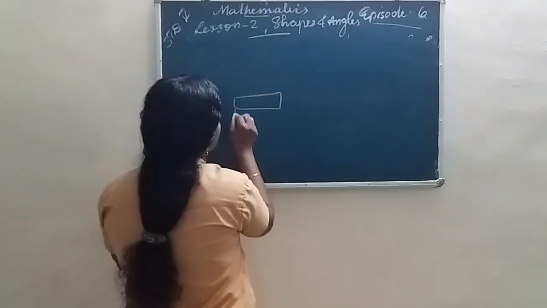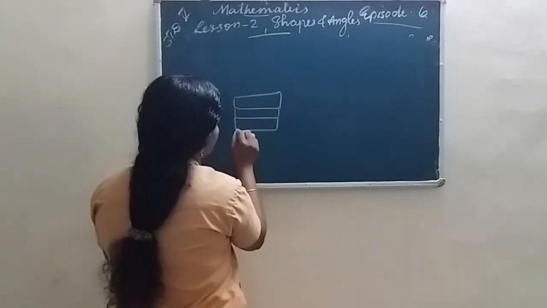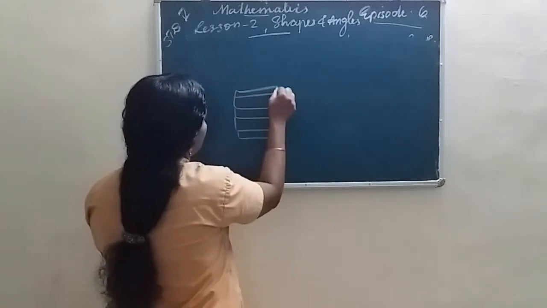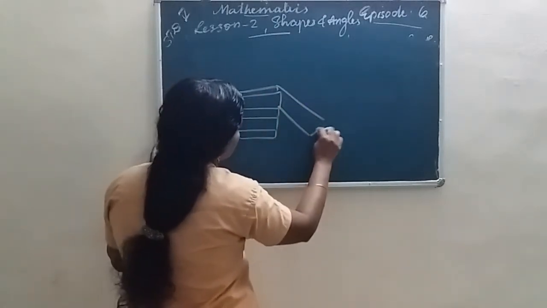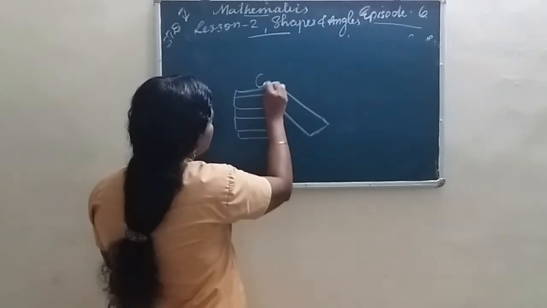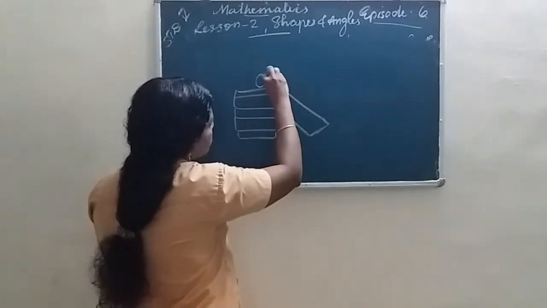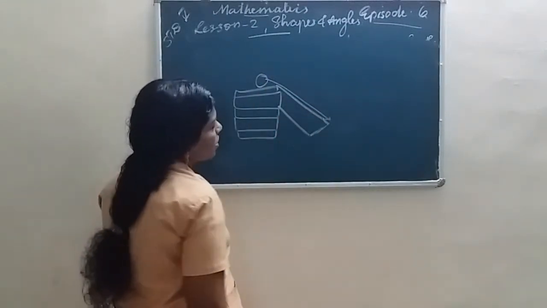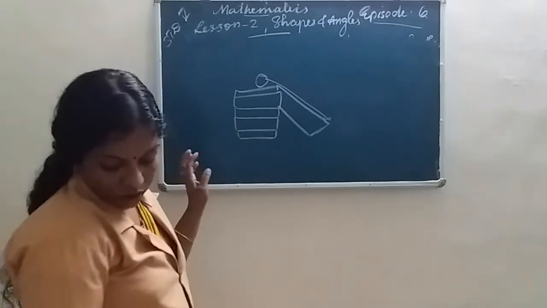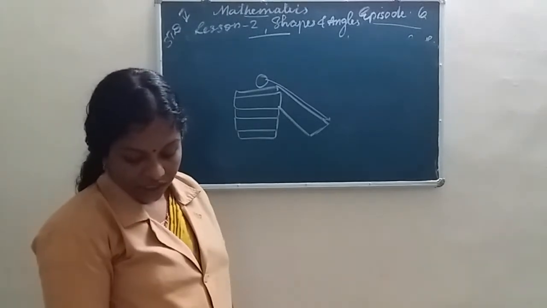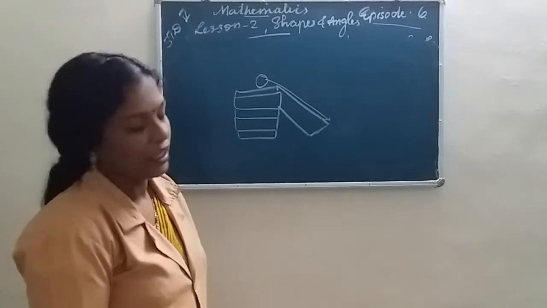If we place one book upon another and slant a book, and you roll down a ball towards this, okay? From which slide does the ball roll down faster?